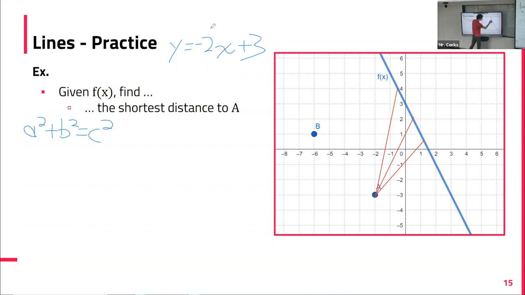And also these angles here are slowly getting bigger. Eventually we would have a right angle, exactly 90 degrees, going through like this. So that is our shortest possible distance. We have a right angle there.